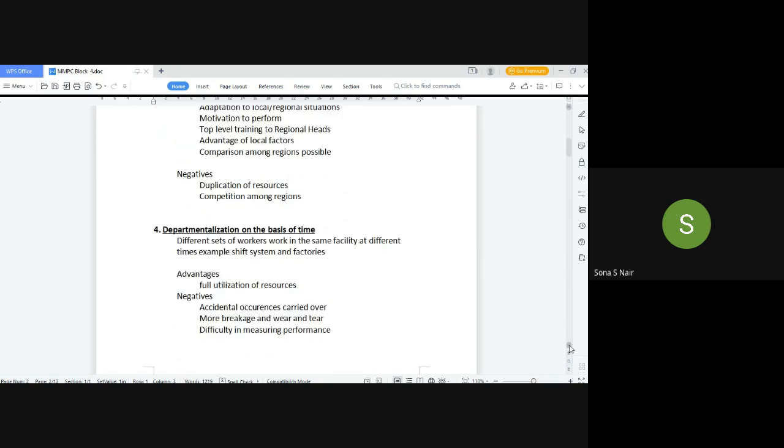We already discussed last time also, the departmentalization on the basis of time happens when we want to utilize the resources fully. We don't want them to lie idle for maybe somewhere around 8 hours to 10 hours during the night time.